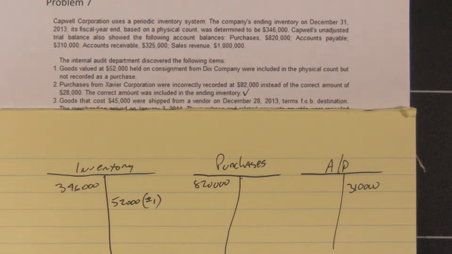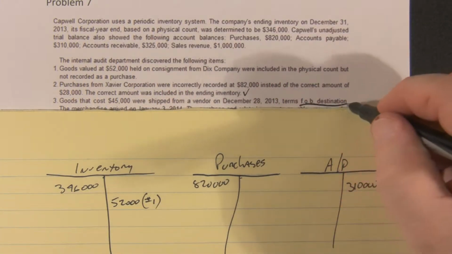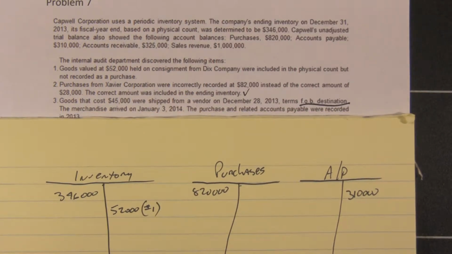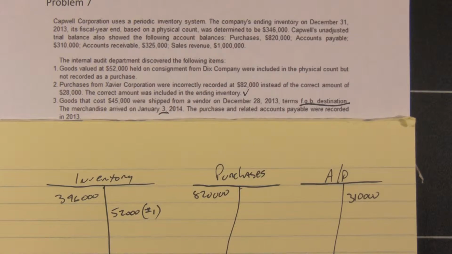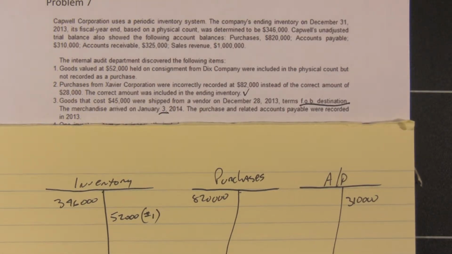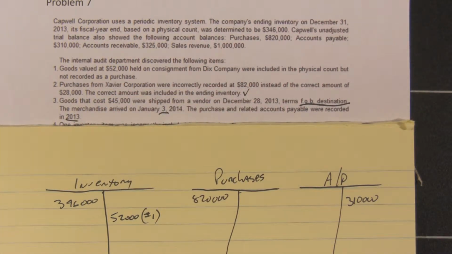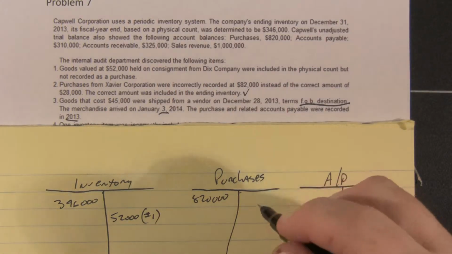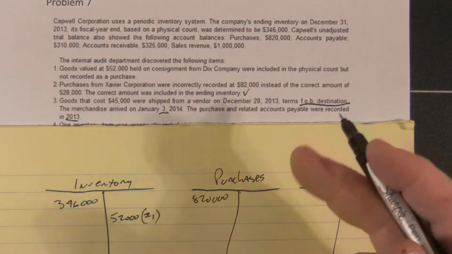Goods that cost $45,000 were shipped from a vendor, FOB destination. That means they're not ours till we sign for them. They arrived January 3rd. The purchase and related accounts payable were recorded in 2013. So we have a problem with that one. We need to take $45,000 out of the purchases because this is for 2014.